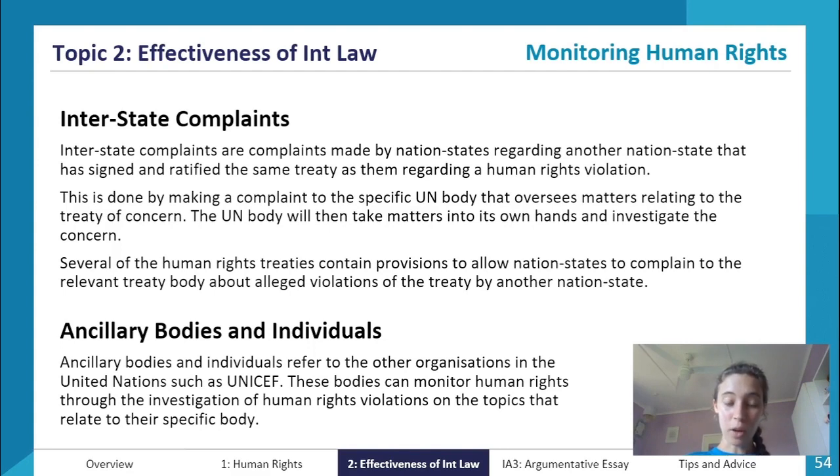So the process for doing this is done by making a complaint to the specific UN body that oversees the matters relating to that particular treaty. So there's lots of treaties, and there's specific bodies that oversee the various ones. And then that will be investigated by that relevant body as well.